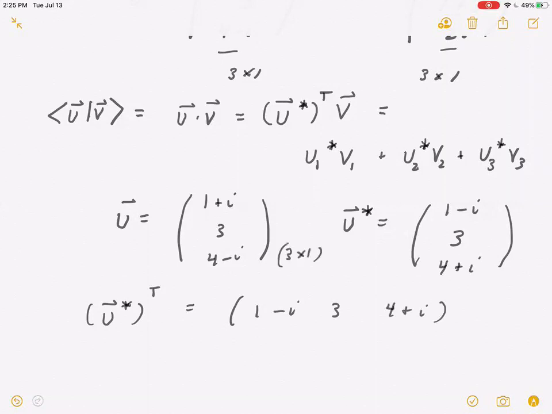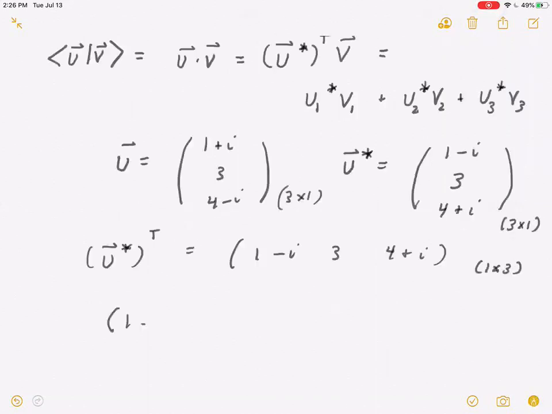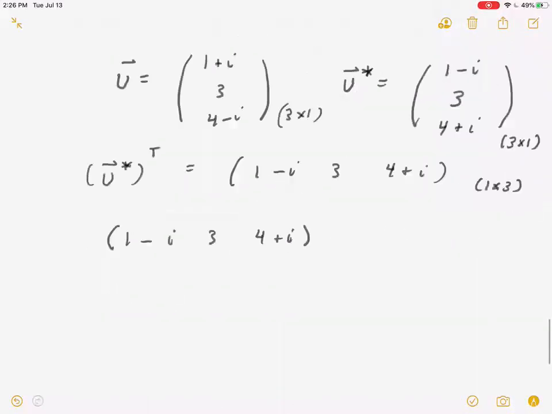The complex conjugate of U is a 3x1 matrix. And the transpose of the complex conjugate of U is a 1x3 matrix. So the task is to take this and multiply it by V, which has 3 matrix elements.